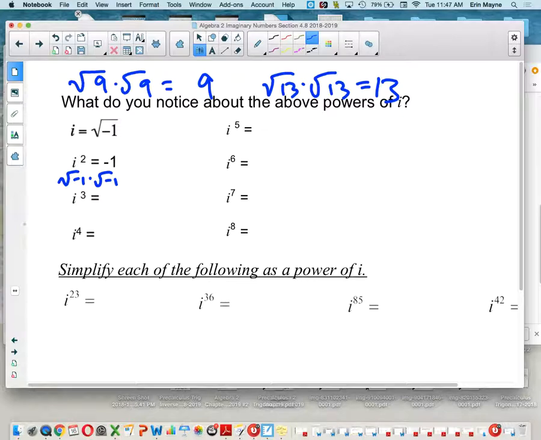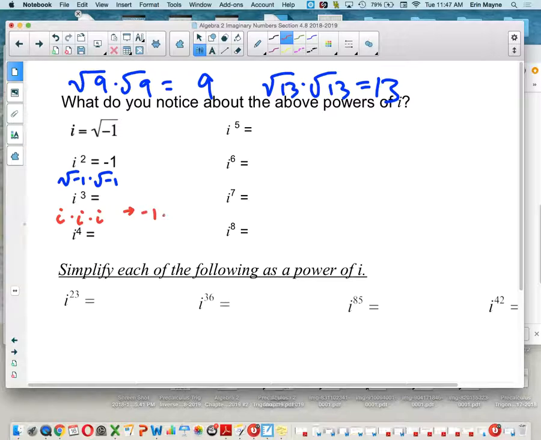Okay, so what happens if we cube i? Well, what does cubing i come from? Say it, Claire. i times i times i. Okay, so this is i times i times i. But what did we just say i squared is?